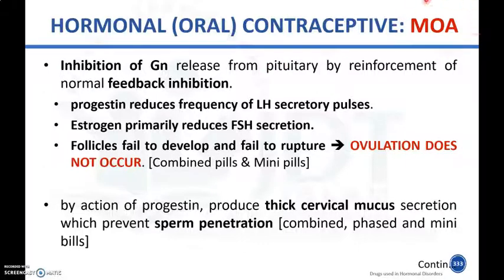Now coming to the mechanism of action of hormonal contraceptives, there are 5 different mechanisms of preventing pregnancy in case of hormonal contraceptive. Let's discuss one by one. First one is inhibition of gonadotropin release, which means they will inhibit the release of follicle stimulating hormone and luteinizing hormone from the pituitary by reinforcement of normal feedback inhibition.